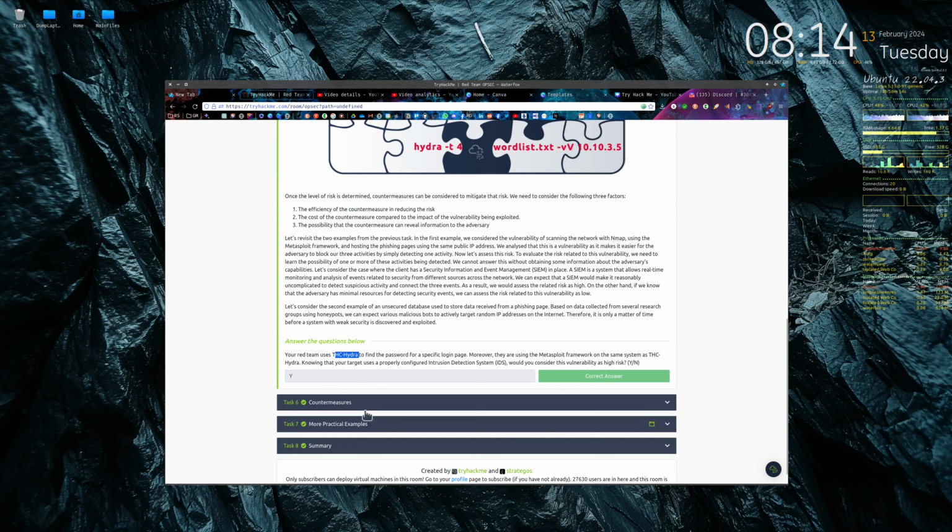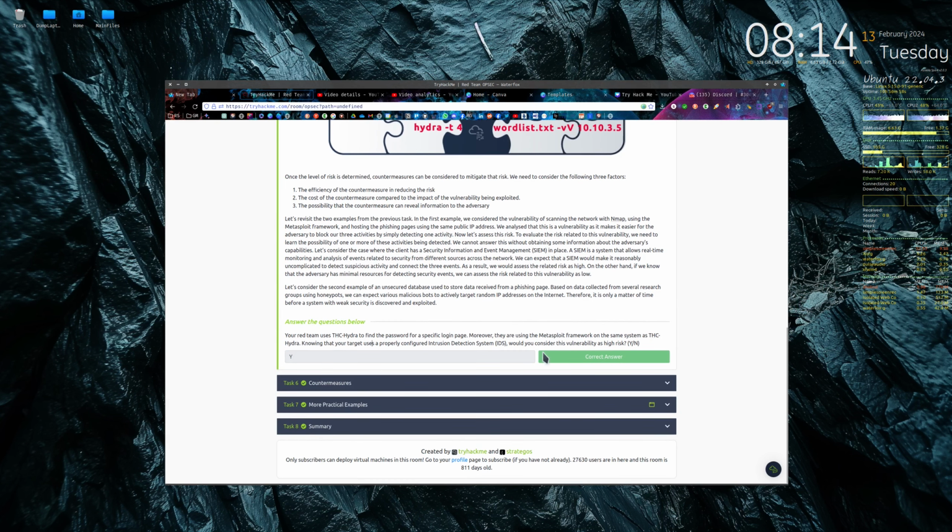On the network you are brute forcing, so there are a lot of failed attempts that an IDS might see. Then you're also running something that is trying to exploit a vulnerability, so that also increases the risk, and it can be high risk in terms of vulnerabilities.